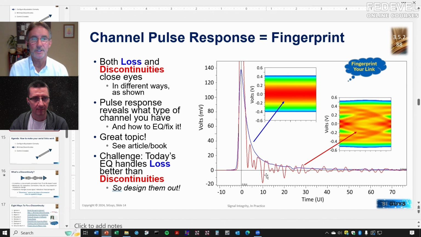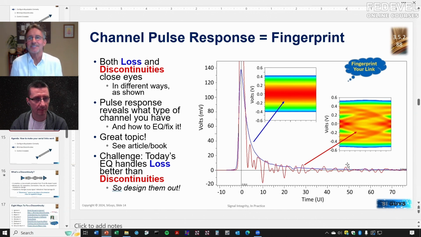But this also tells you why equalizers do a much better job at loss than discontinuities, because this is a serious problem. First it's low, then it's high, then it's low, then it's high. So I have to kick this thing in different directions depending on how many bits out. And oh no, it's way out here. I got like 10 millivolts way at 50 bits down the road.